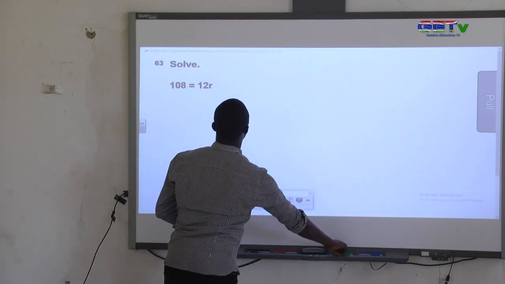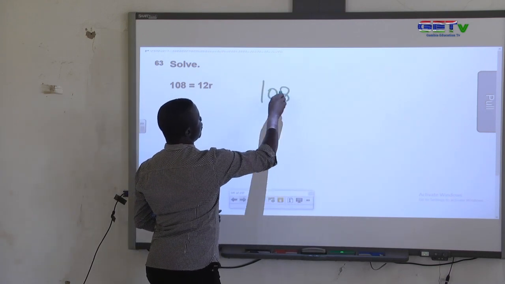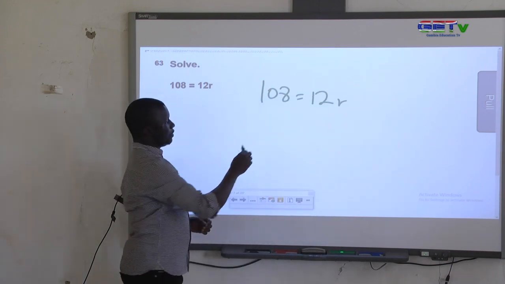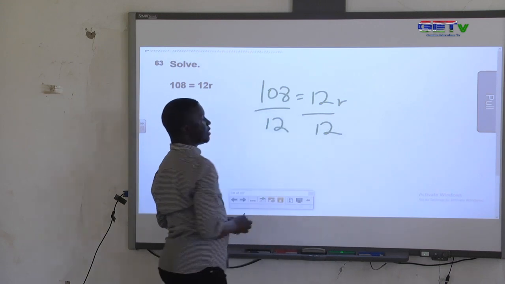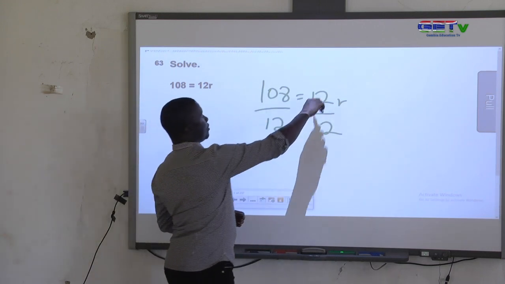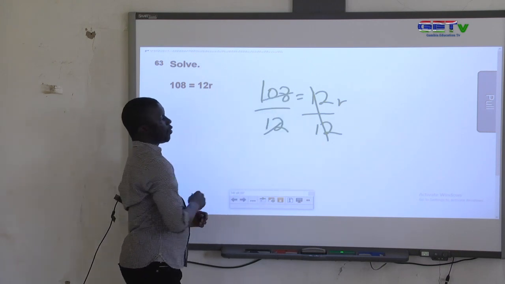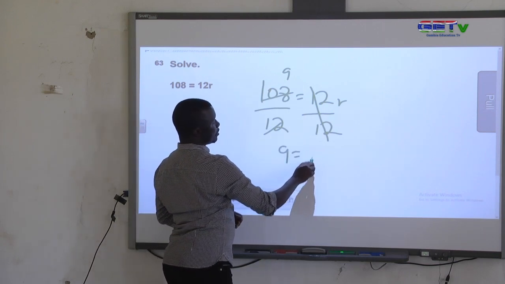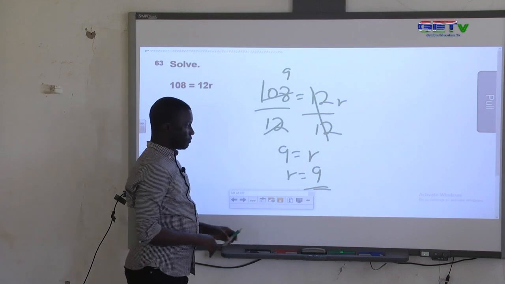So here we are dividing by 12 in order to isolate our variable r. We divide here by 12, and we divide here by 12. 12 cancels, and then 12 into 108 is 9. So therefore, 9 equals r, which is the same as r equals 9.